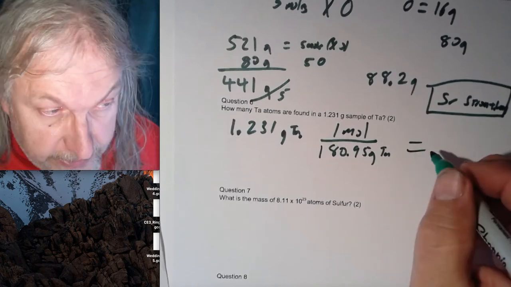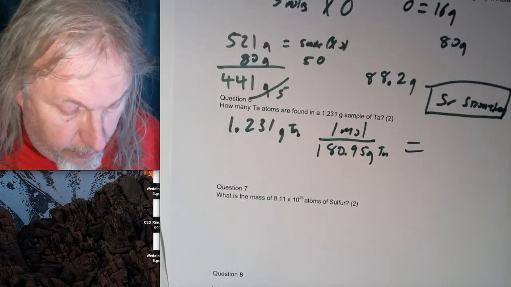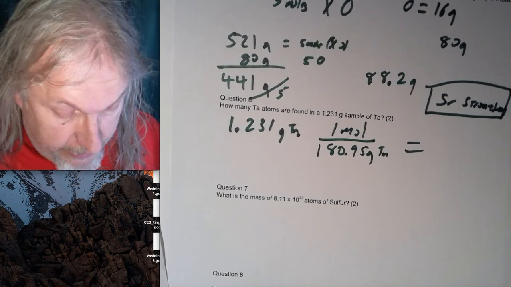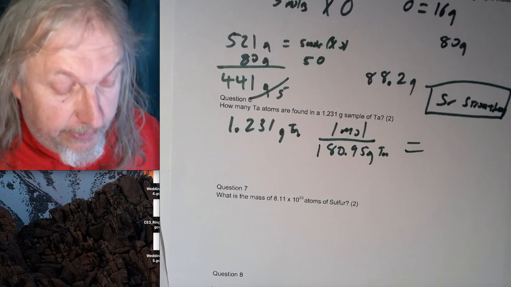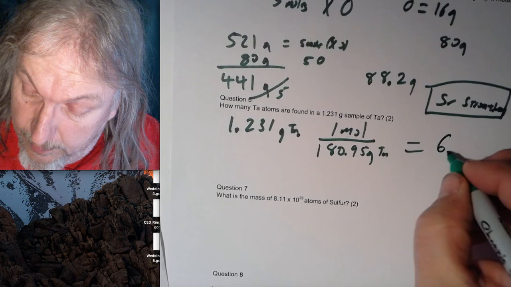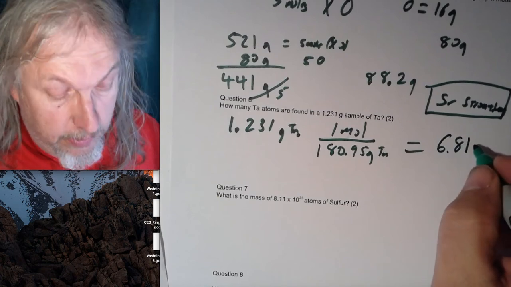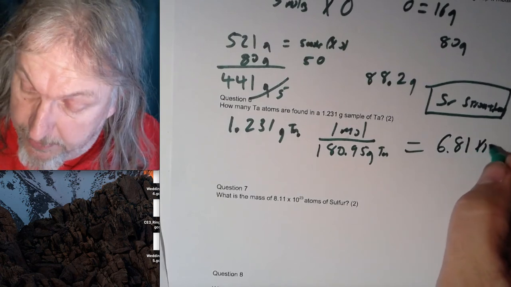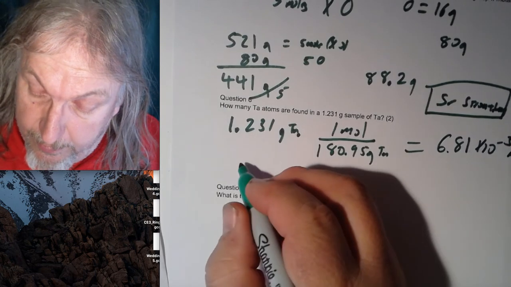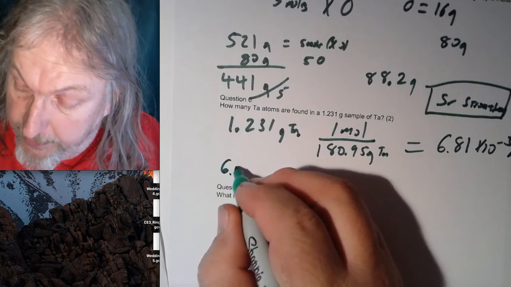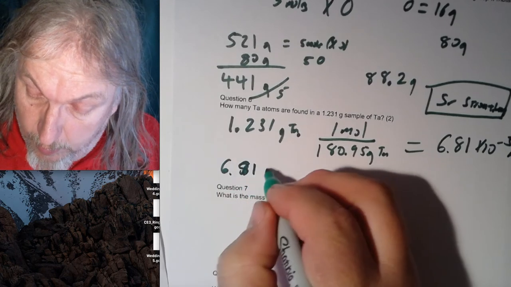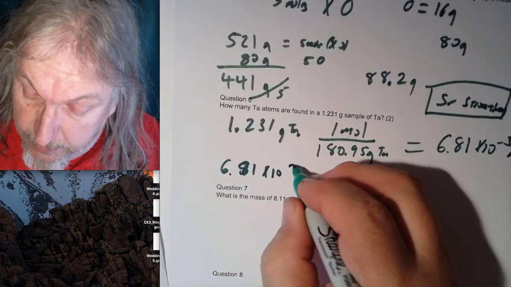And I'm going to do this step by step. Alright, so if I take 1.231 and I divide by 180.95, I'm going to get a number of moles of 6.81 times 10 to the minus third moles. So I know that 1 mole, let's put this over here, 6.81 times 10 to the minus 3 moles.